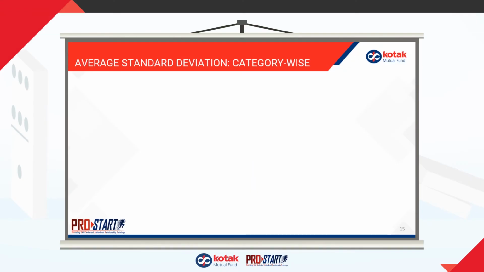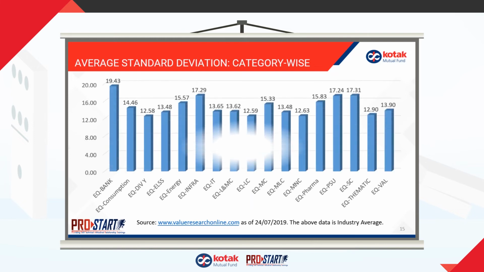Average standard deviation category wise. The following graph depicts average standard deviation for various categories of mutual fund schemes. This data is an industry average. Remember, for standard deviation, the lower the value, the better it is. As you can see, average standard deviation varies for each category.